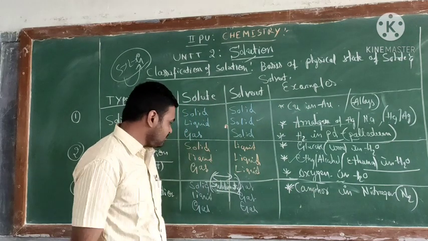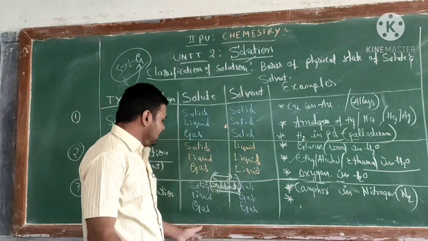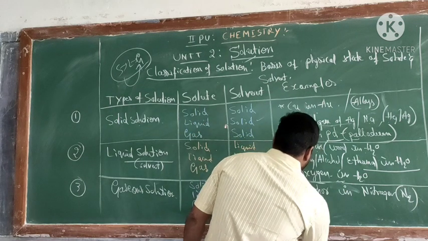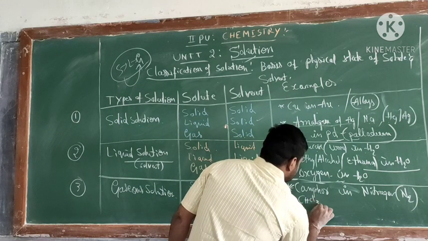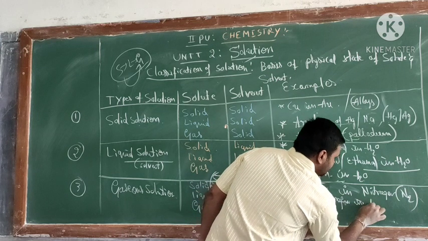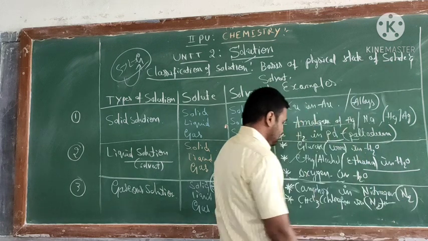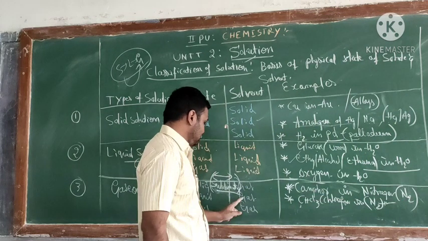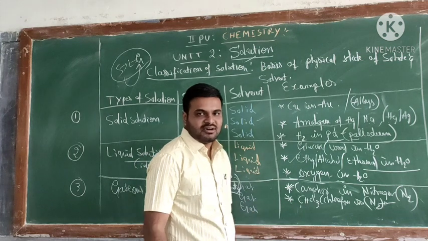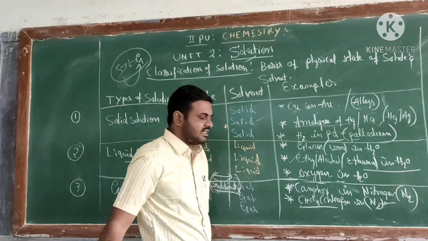Okay, clear? So next, liquid in gas: chloroform, CHCl3, in nitrogen gas, or N2. Nitrogen gas is the solvent, taken as a gas, and chloroform is the liquid.